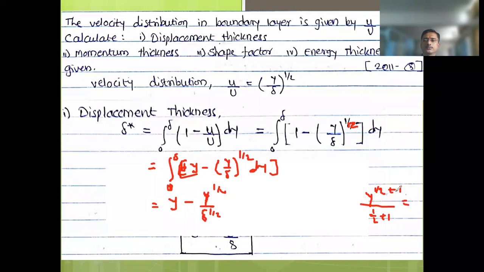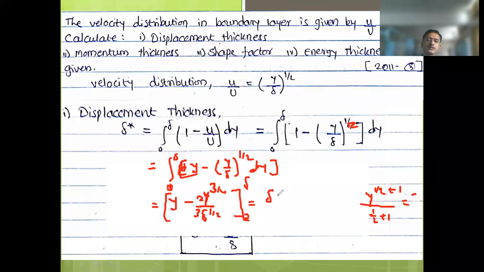We get 3/2 here, so 3/2 divided by 3/2 becomes 2/3. Upper limit del, lower limit 0, put those values here.